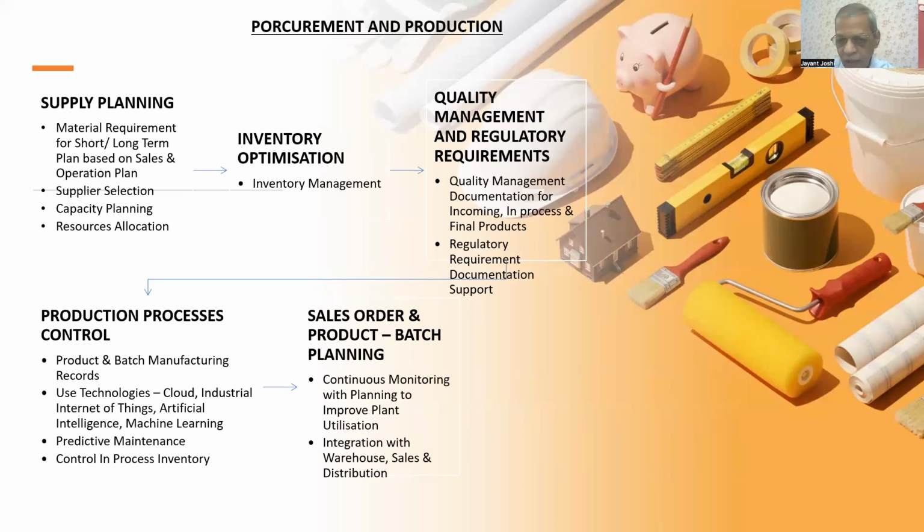The last one is, once you have manufactured that particular product, continuous monitoring of the parameters needs to get connected to the orders which you are going to deliver to the customer.